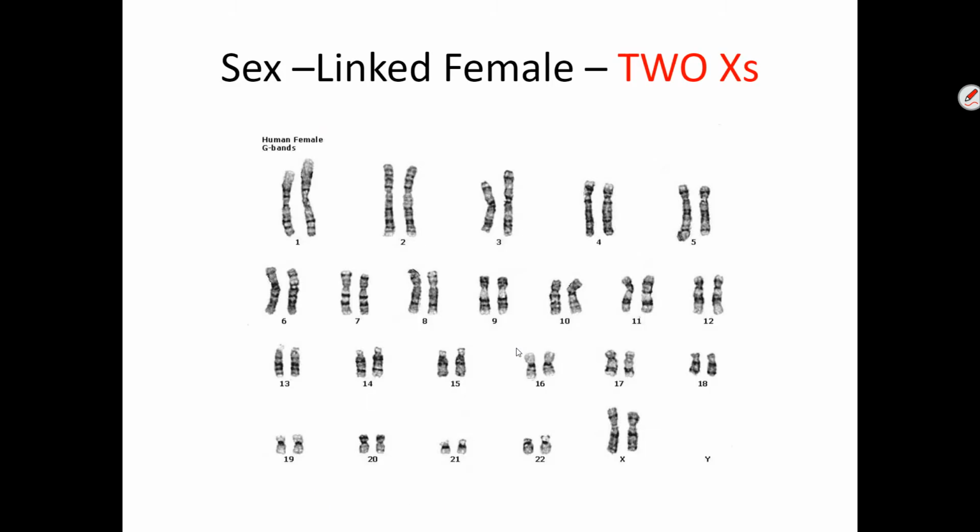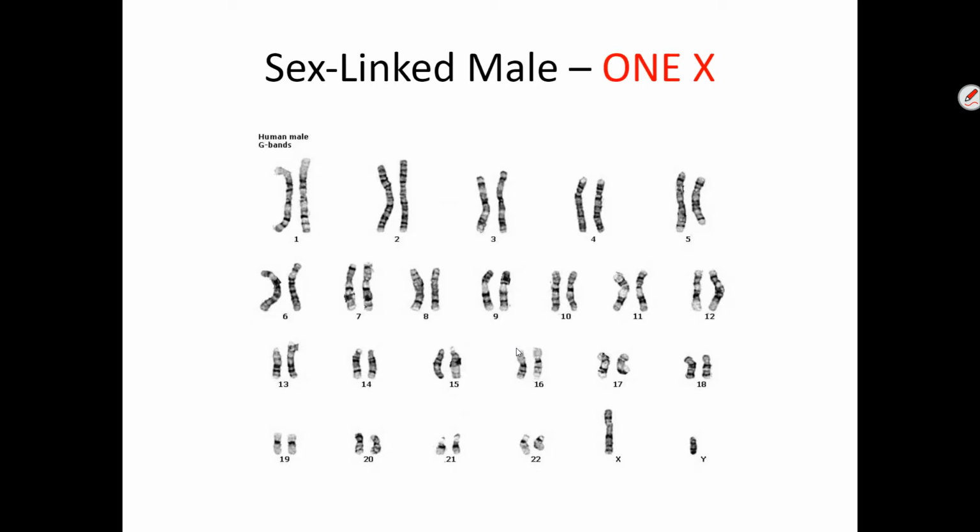All right. Some genes are located on sex chromosomes, and these are called sex-linked genes. And there are some particular issues with sex-linked genes because some genes are located on the X chromosome, and specifically talking about humans, all humans have an X chromosome. Some humans have 2, some have 1.